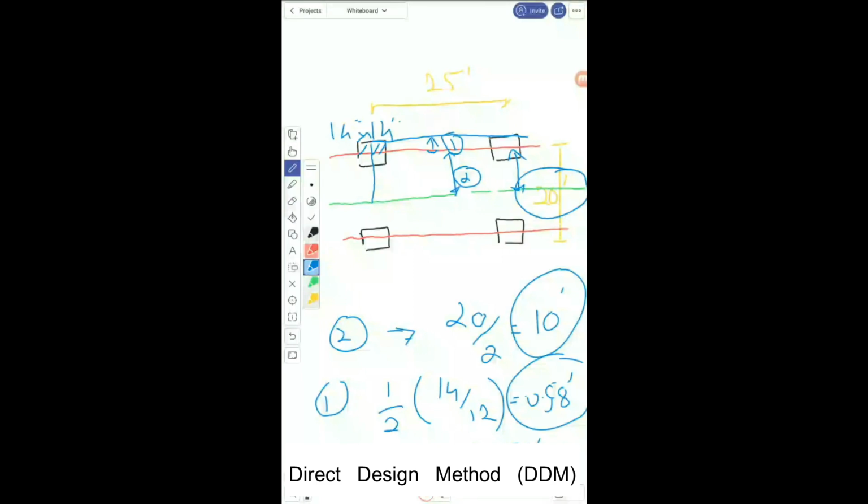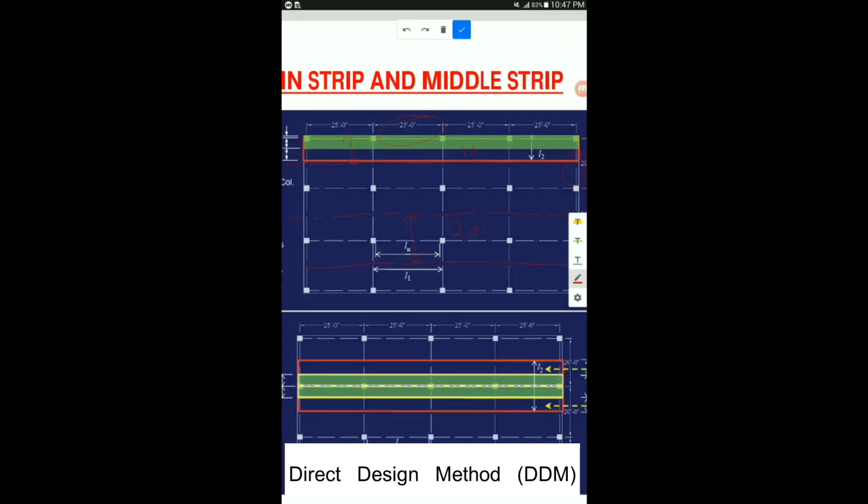The second step is to find the width of the column strip, which we already discussed. It is 0.25 of L1 or 0.25 of L2, whichever is smaller. But because it is an exterior rigid frame, you also have to add the half width of the column, as we have already discussed that this is an interior frame and this is an exterior rigid frame.